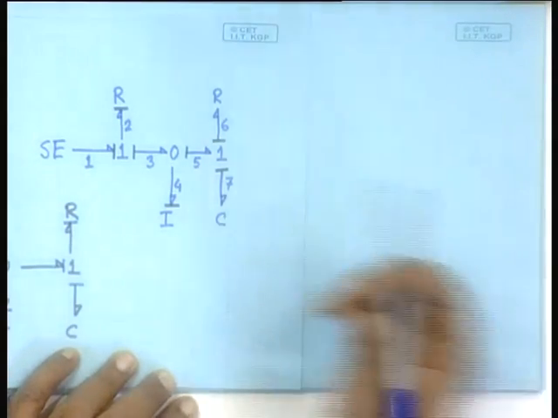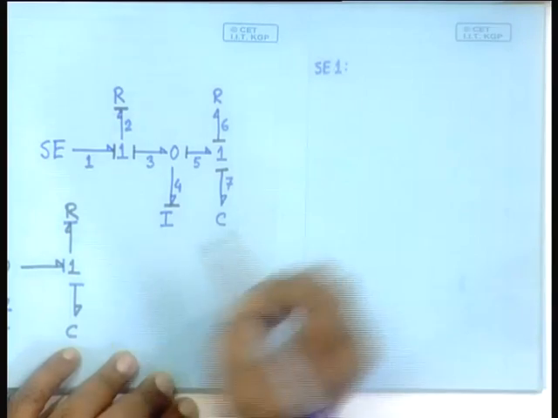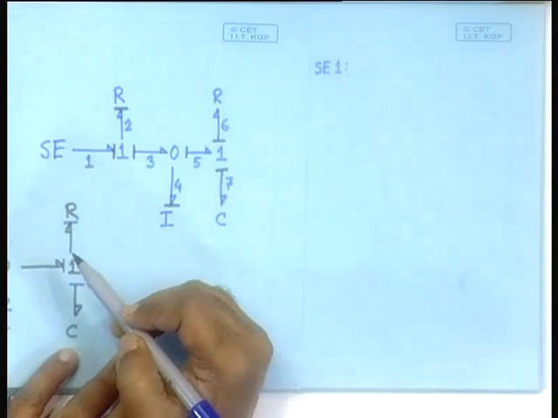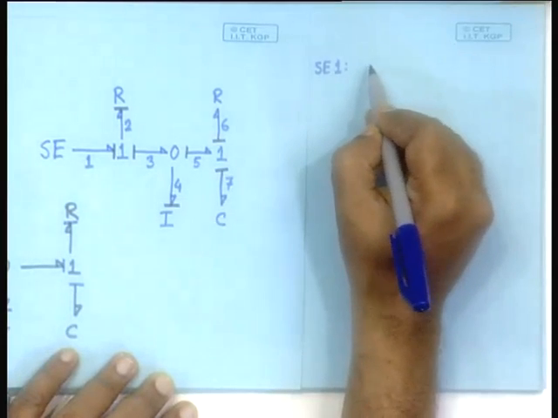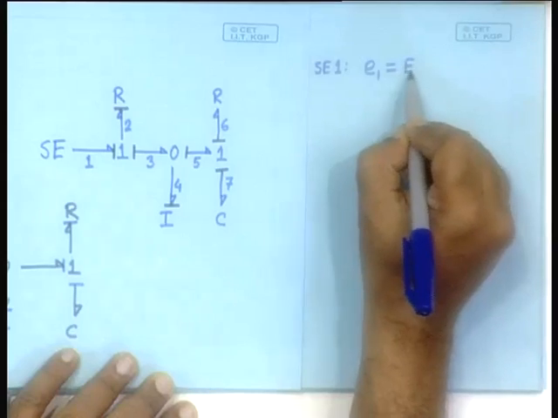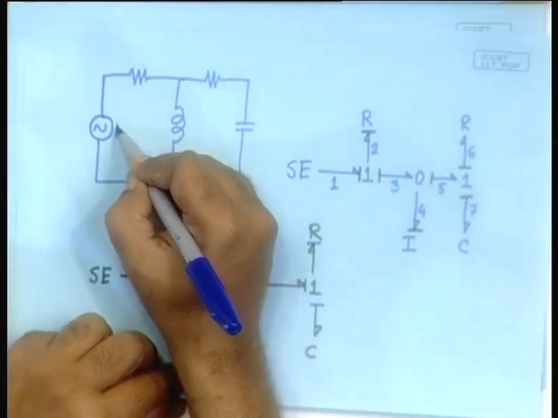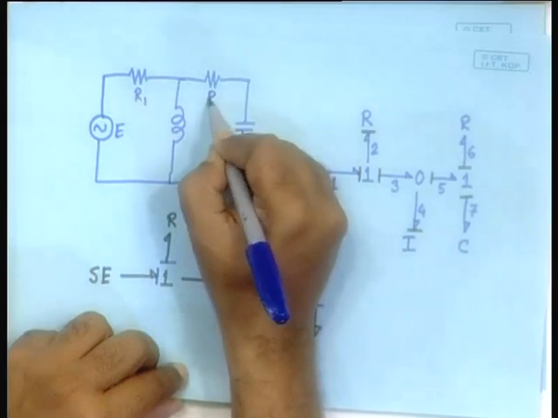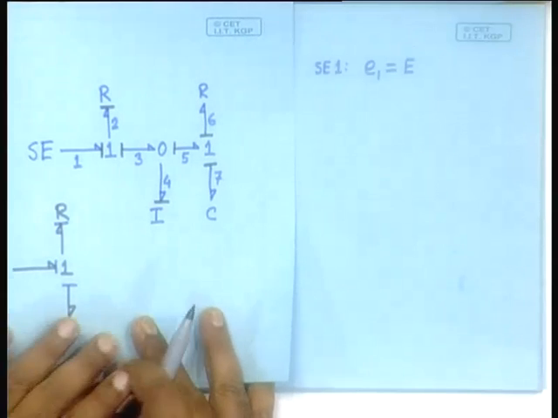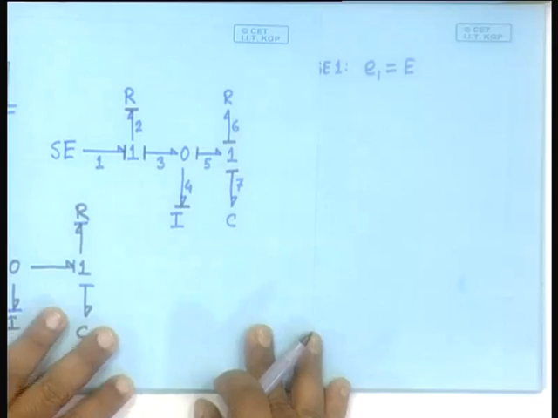The answer to that question with respect to the AC element, SE1, what does it give to the system? E. So, E1 is equal to E. R1, R2, L, C.